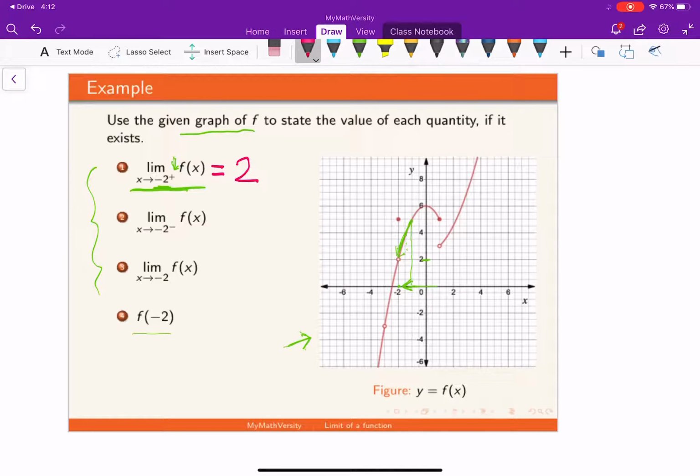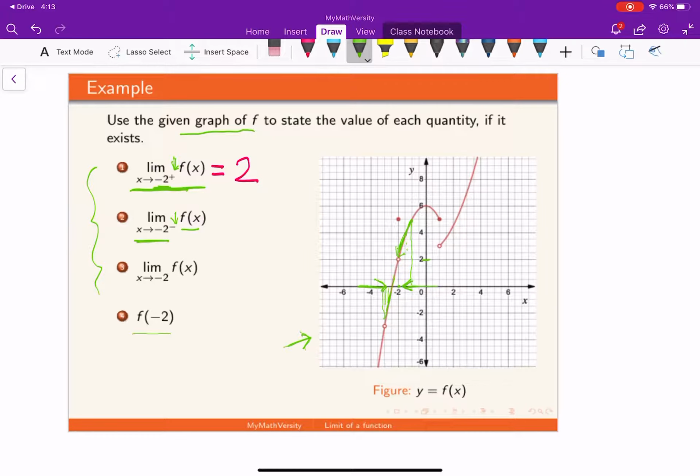Using a similar idea, to find the limit of f of x when x gets closer and closer to -2 from the left, because of this superscript, we need to find the left side limit of the function f of x. So how can we find that? Now we go closer and closer to -2 from the left side on the x-axis. Whenever we do, the height of the curve is determined by the y values, and we can just follow the path of this curve.